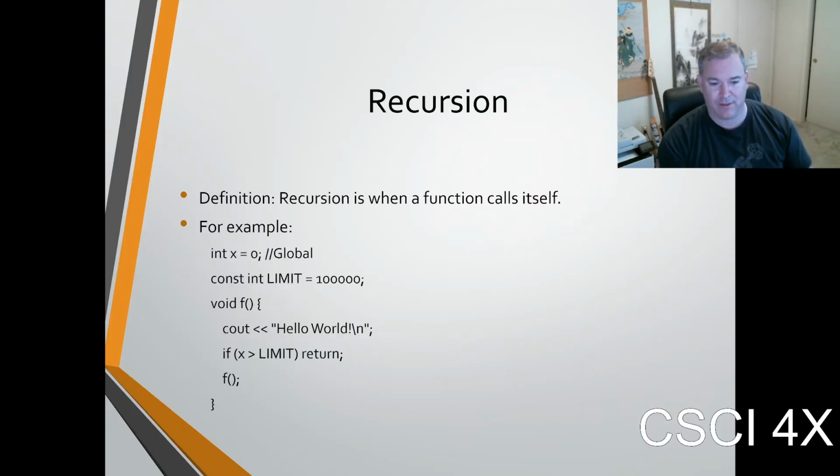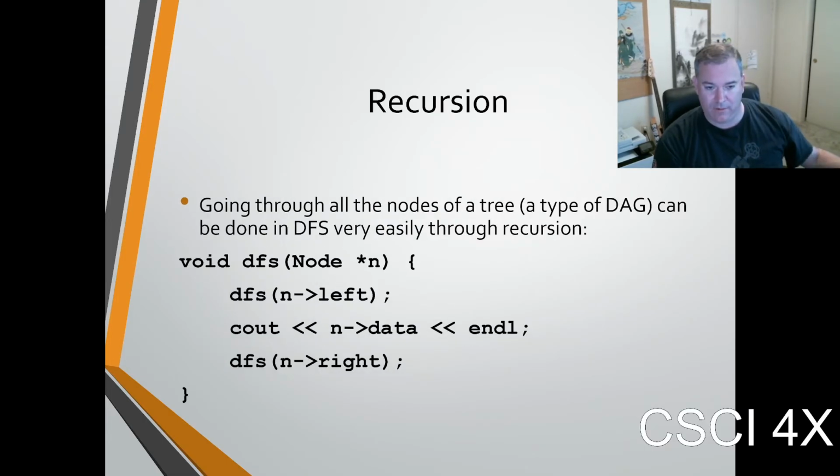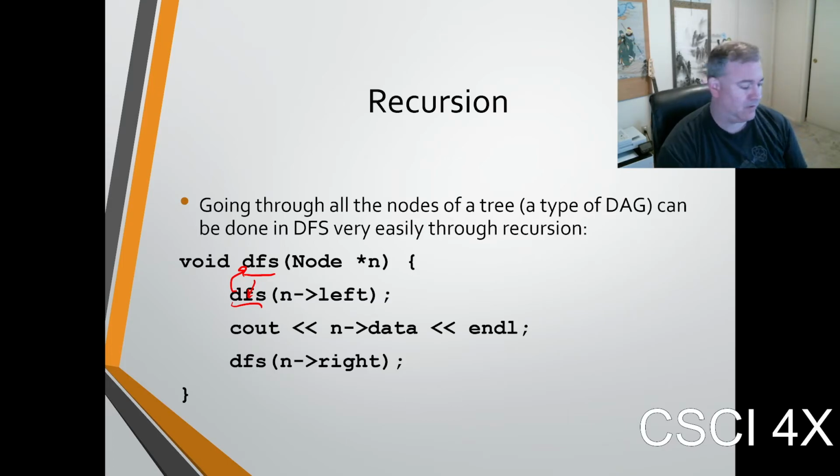But this one, notice it just DFS calls DFS, which calls DFS, which calls DFS. There's no way out of the infinite loop here. It will infinite loop, it will segfault, or run forever, depending on if the optimizer can play with it or something.